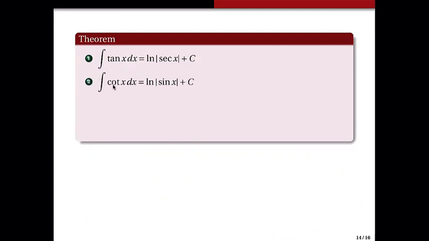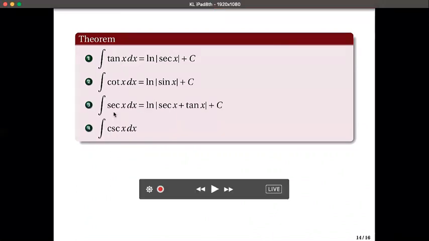We'll also have the integral of cotangent x dx. We will have the integral of secant x. And we will have the integral of cosecant x, which is given as this here. For the secant x, it's this guy here. For cotangent x, it's this guy. And then for the tangent x, it's this guy here.